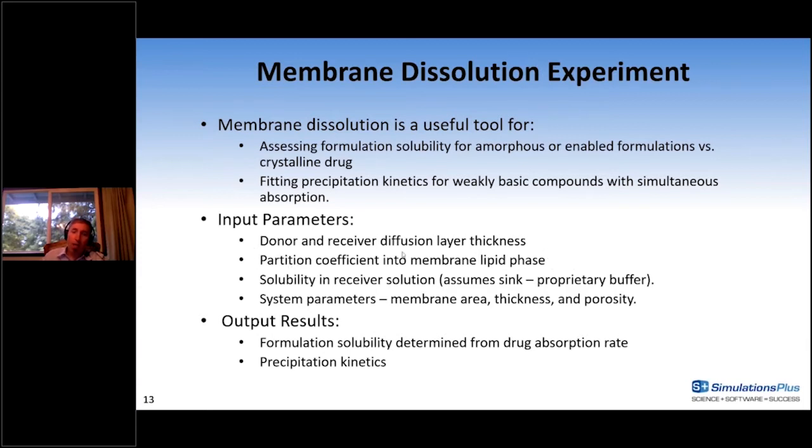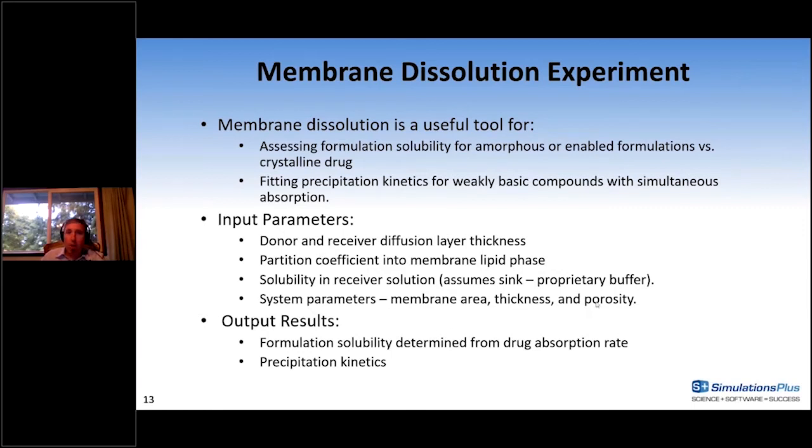We use log P as a surrogate, but we have a conversion that converts log P to log membrane partition coefficient. Solubility in the receiver solution, we're assuming a full sink. These are usually proprietary buffers, and so we don't know exactly what the contents of that are. So in these examples, we're going to be assuming it's a complete sink of drug into the receiver solution.